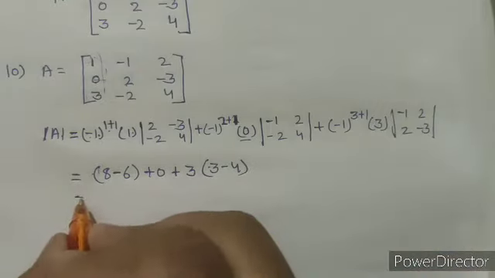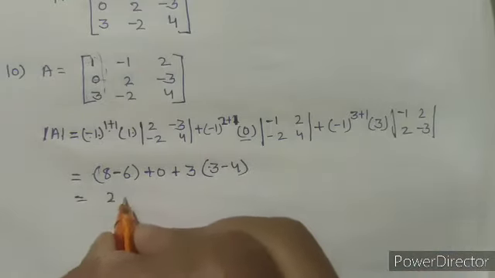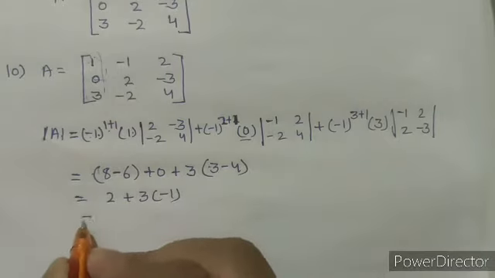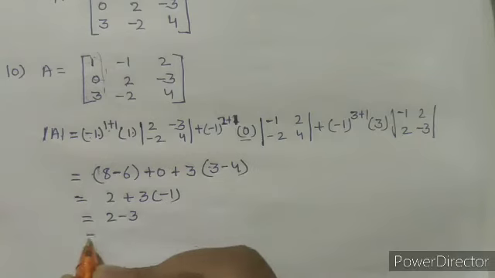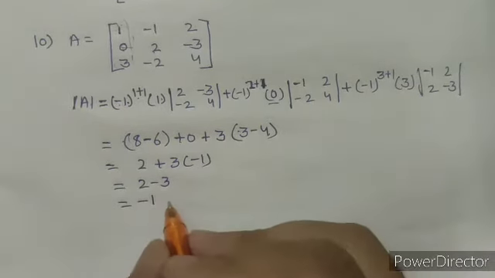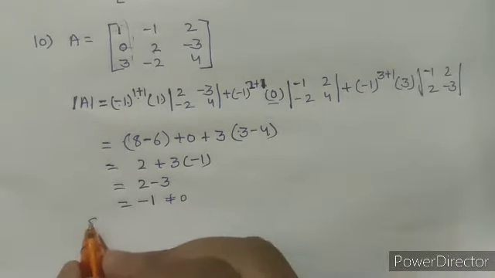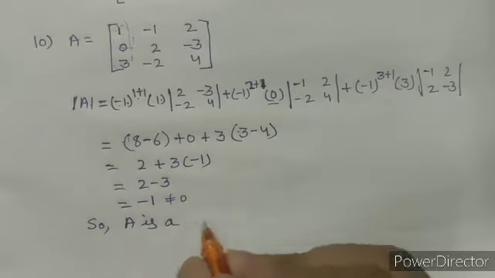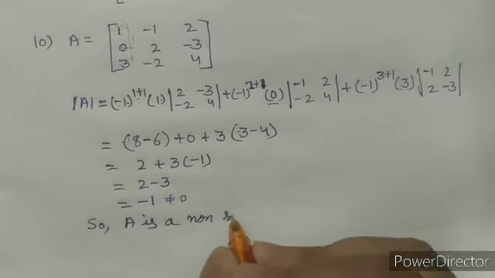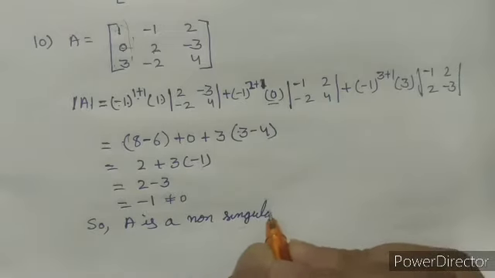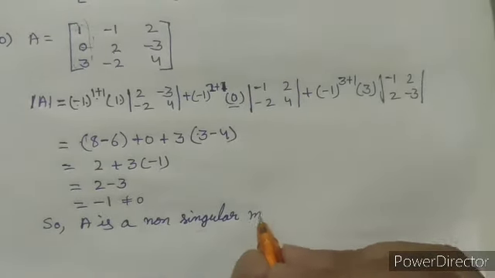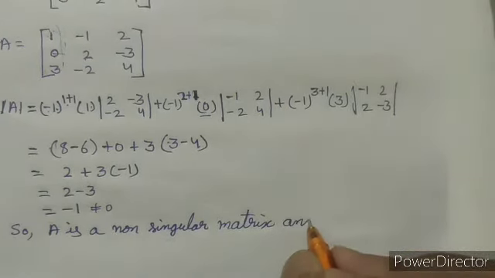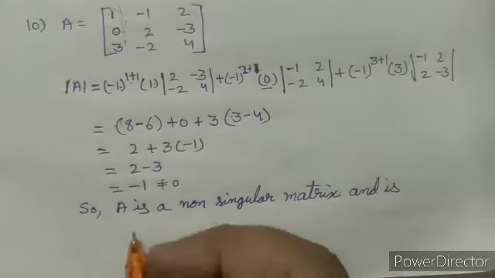That equals 2 plus 3 into minus 1, which is minus 1, and that is not equal to 0. So we can say A is a non-singular matrix and is invertible.